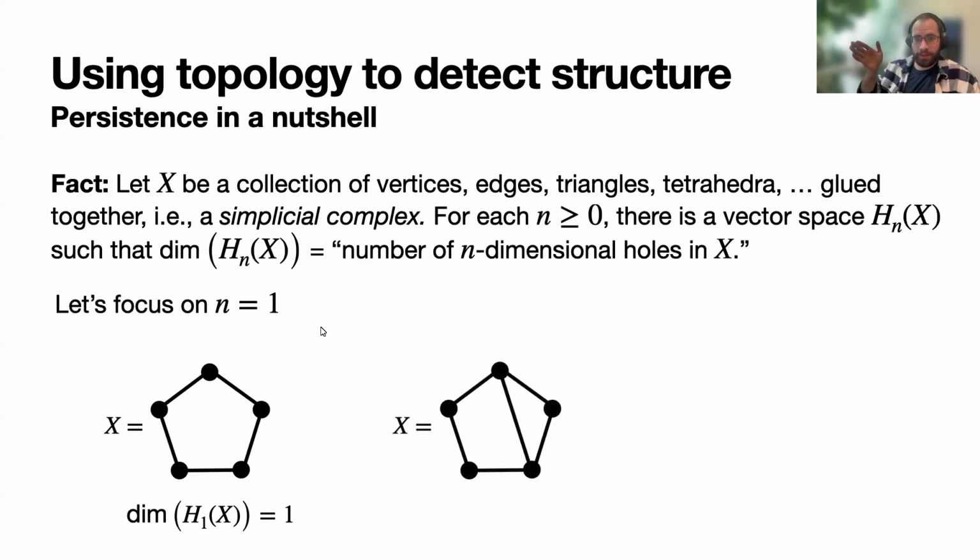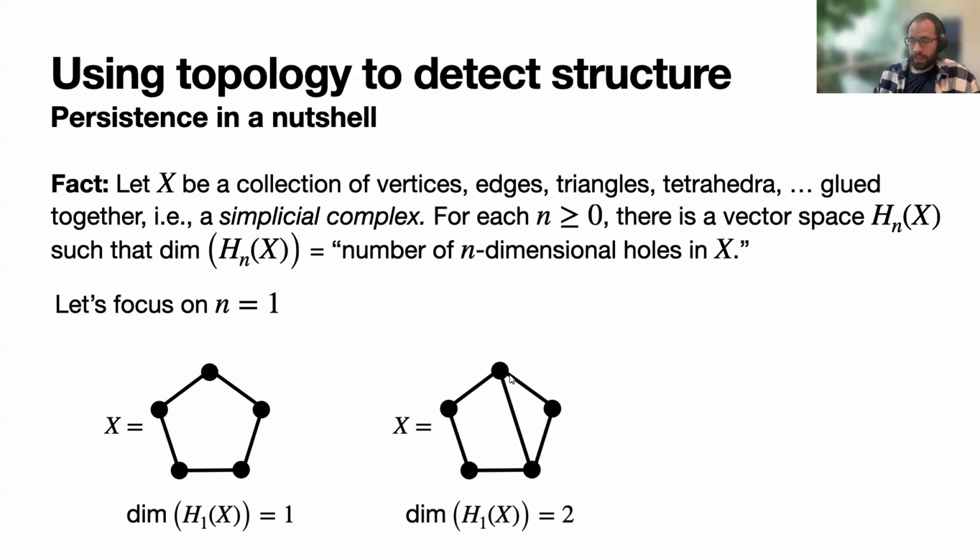On the other hand, if I plug this data into the same algorithm and ask it to compute homology, it will say that the dimension of degree 1 homology is 2. And that is recording the fact that there are two independent cycles in this simplicial complex X.